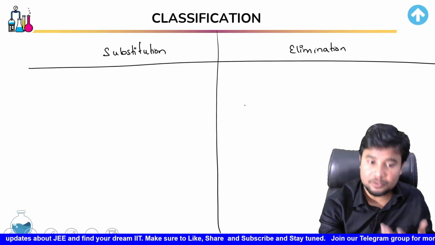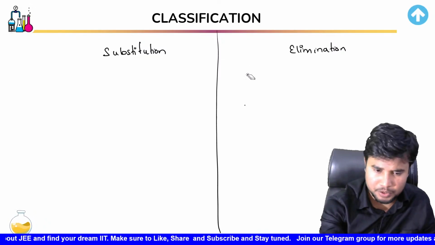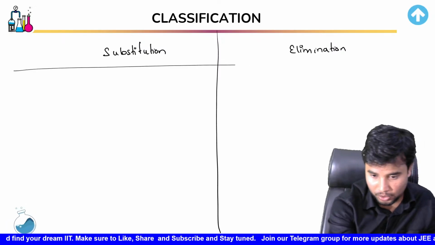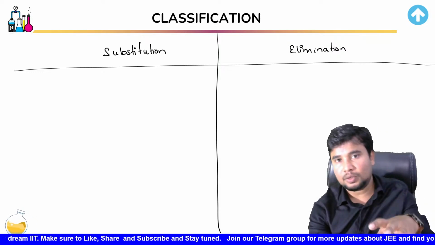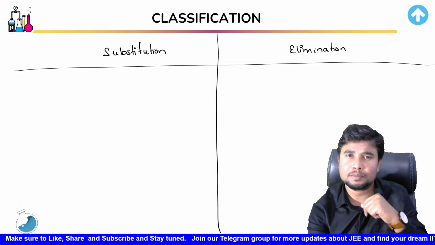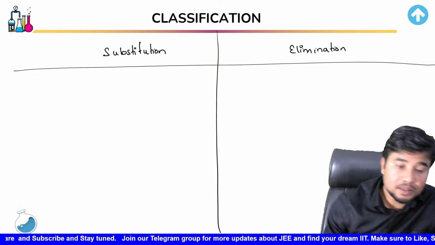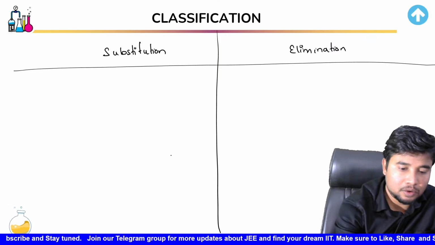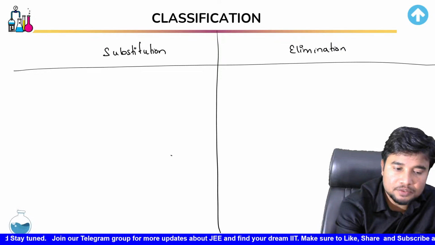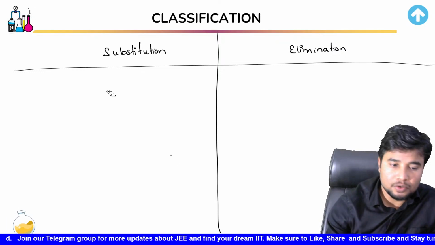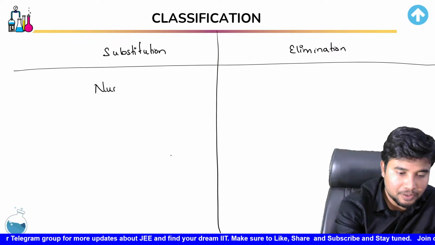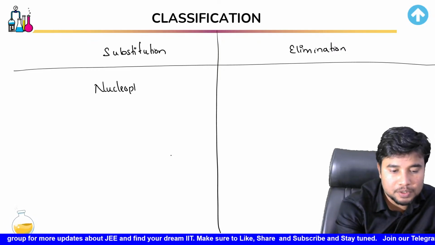That is, what are the other factors that promote substitution? How are you going to be sure that the compound given to you would undergo substitution? First thing is look at the nucleophile or a base. Substitution gets favored only by a nucleophile. If you have a nucleophile, then it would undergo substitution.